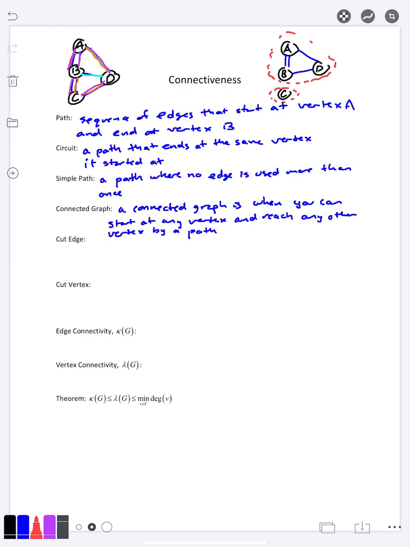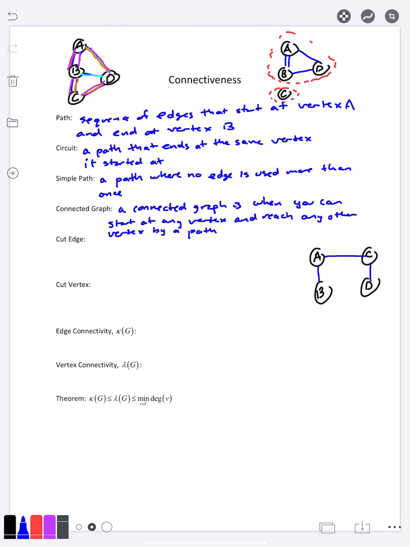Now let's suppose we have a connected graph. Then they have this idea of a cut edge. So let me do another example of a graph over here. Let's do an A, B, C, and a D. And let's get some edges here. So right now, this is a connected graph.